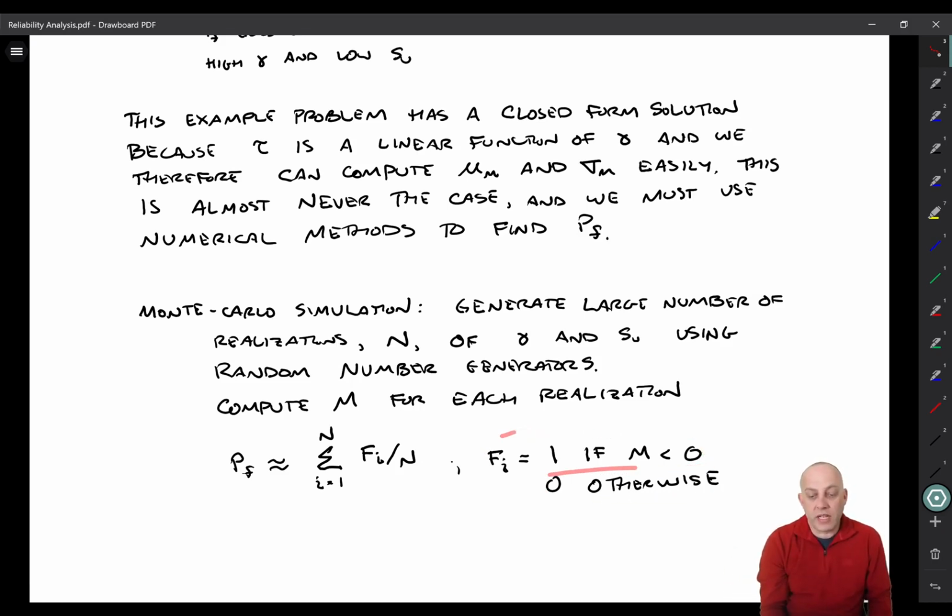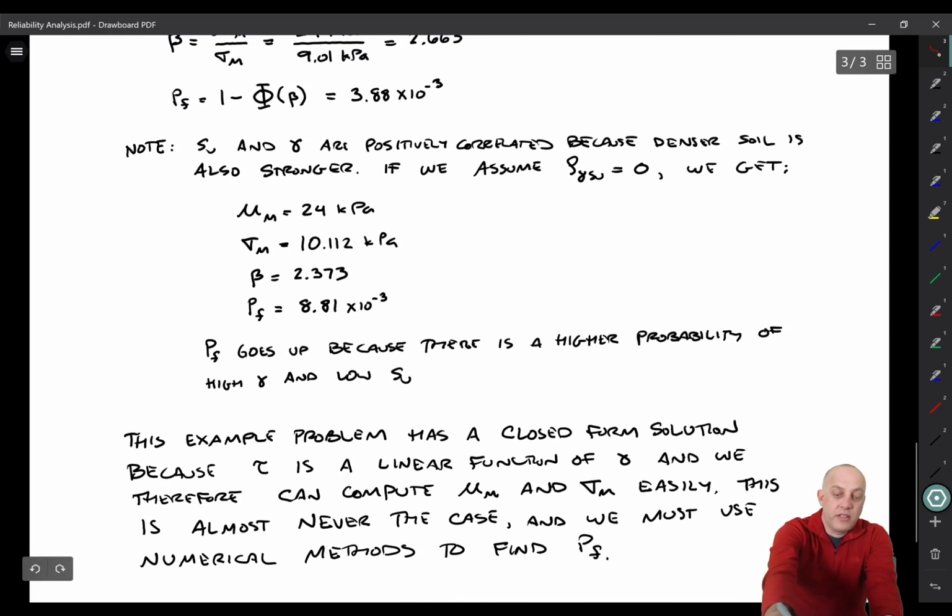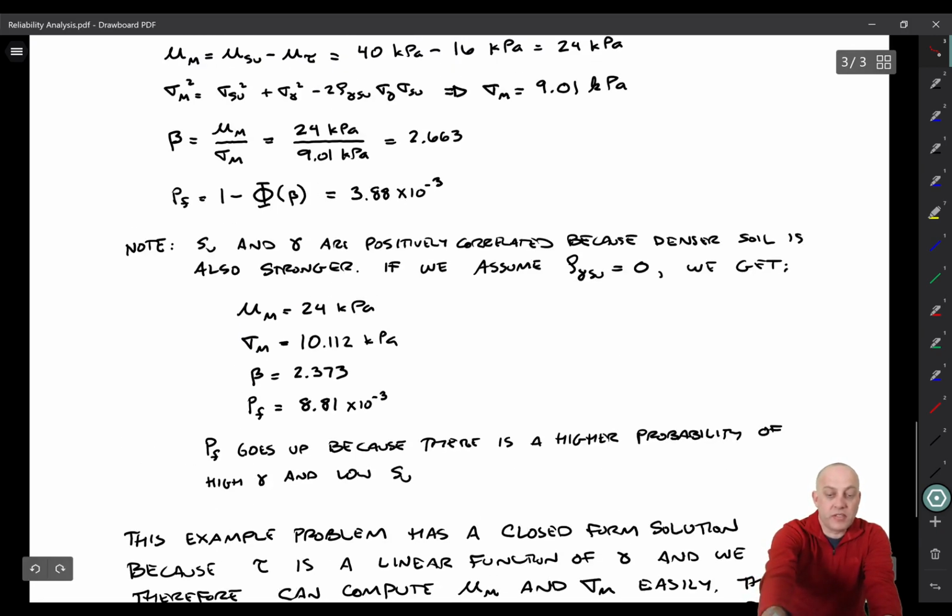So if we were to randomly generate 1,000 realizations of the problem that we've just solved, we would expect about 9 out of those 1,000 to fail if we had no correlation. If we include correlation, we would expect about 4 out of 1,000 to fail.